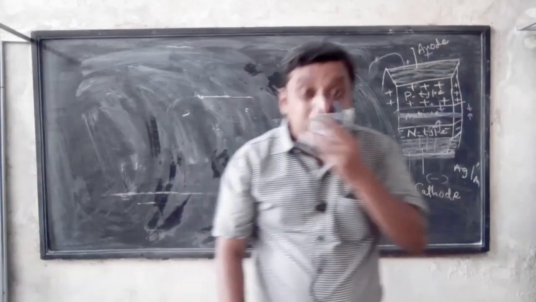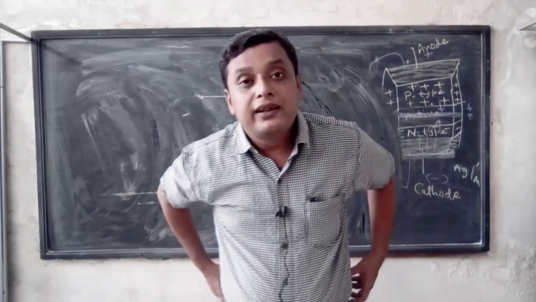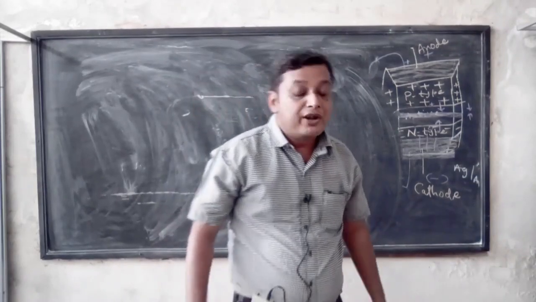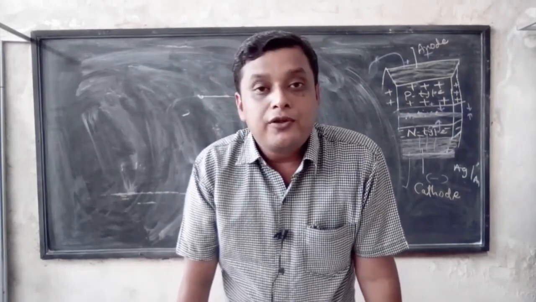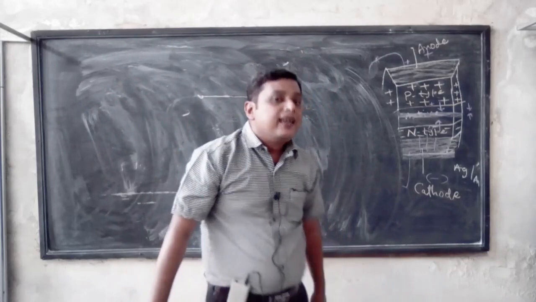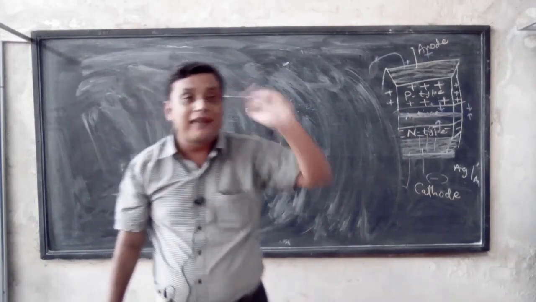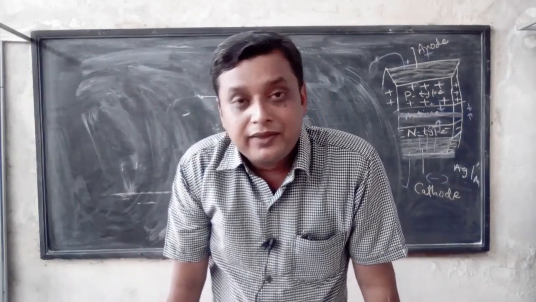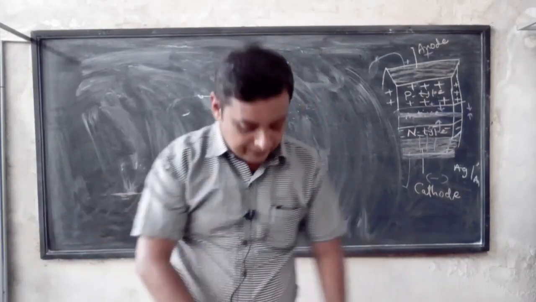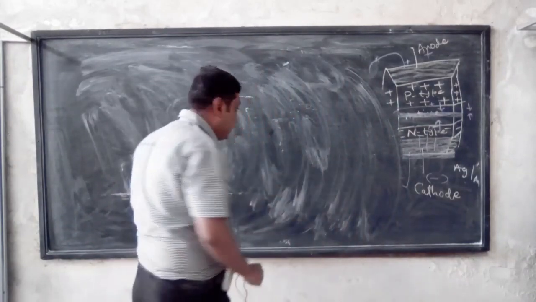Any digit starting from 0 and ending at 9, that is 0, 1, 2, 3, 4, 5, 6, 7, 8 and 9, there are a total of 10 digits, because we started from 0. Each and every digit can be represented by a combination of LEDs. In this combination we are using 7 LEDs. That's why it is called a 7-segment display unit. So I am going to draw this 7-segment display unit.